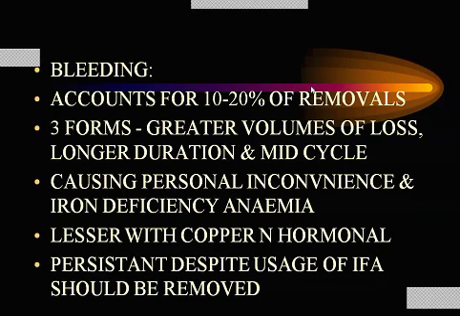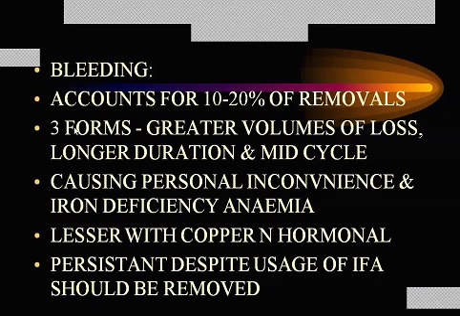This bleeding can occur in three forms: the volume of blood lost is more, or longer duration of bleeding, and intermittent mid-cycle bleeding. So bleeding problems can occur in these three forms: duration, quantity, and also intermittent bleeding. Then causing personal inconvenience and iron deficiency anemia.